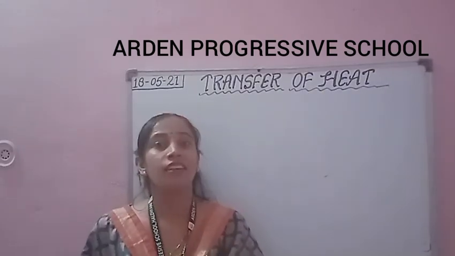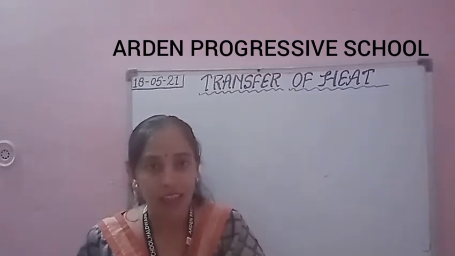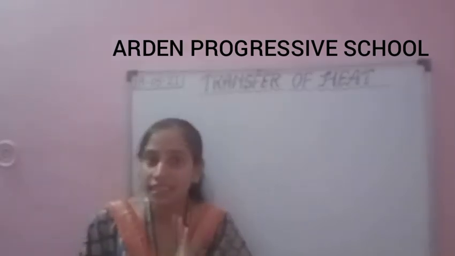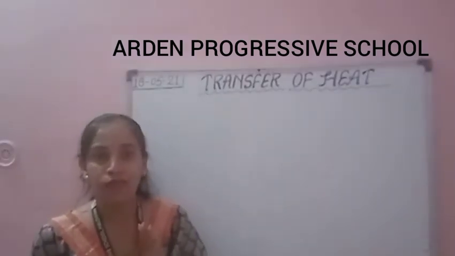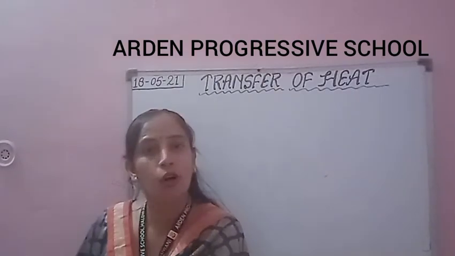So there is a transfer of heat from the glass of hot milk to the cold water. Heat transfer always takes place from the hot body towards the cold body.